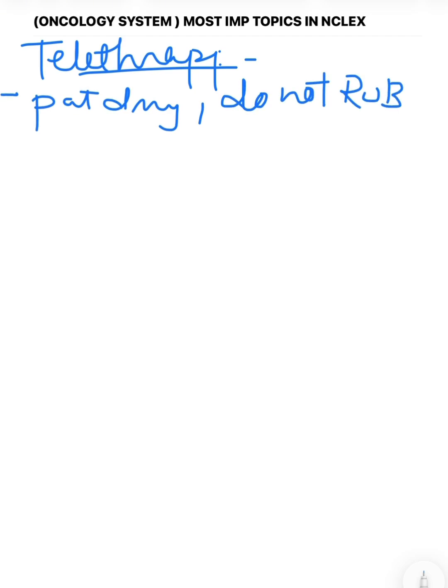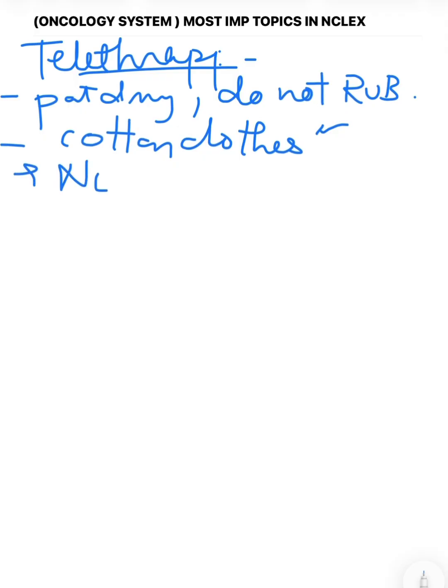And some more points: only soft cotton cloths are recommended. Cover the full body while going out, and no tanning bed.